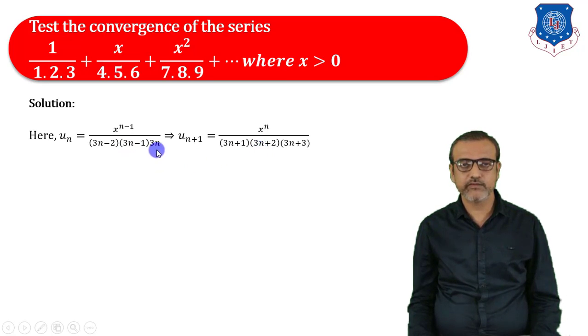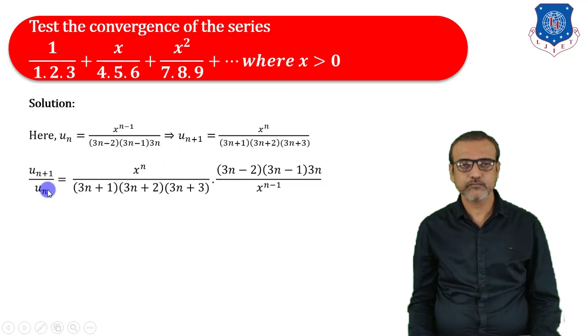And replacing n by n plus 1 in the last term, it becomes 3n plus 3. Now we are going to find un plus 1 over un, that is un plus 1 multiplied by the inverse of un.